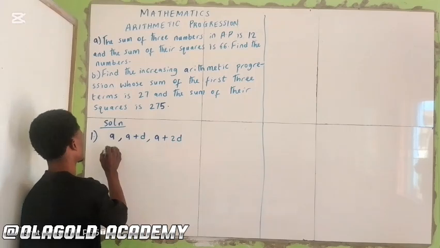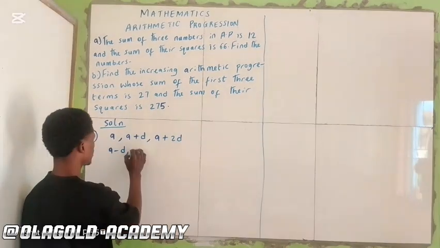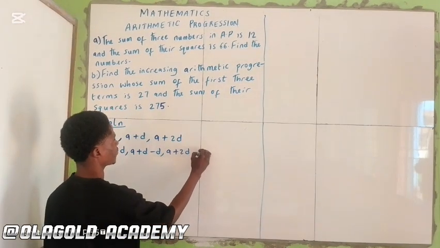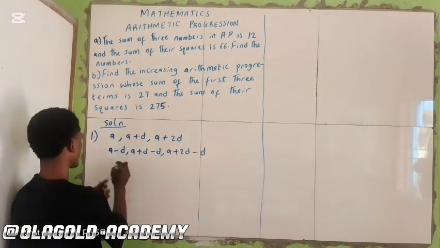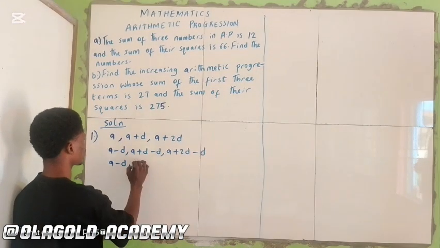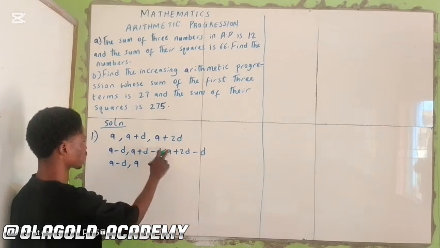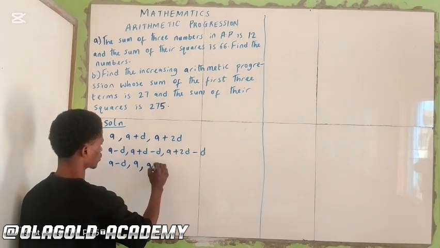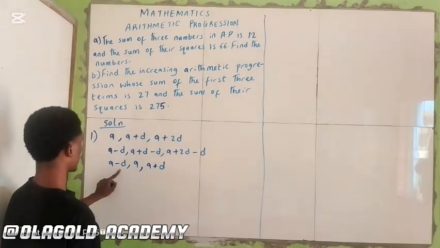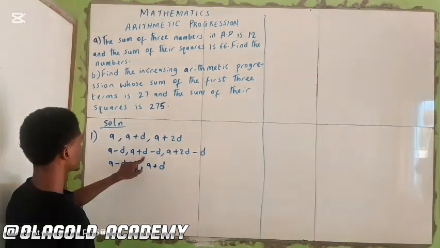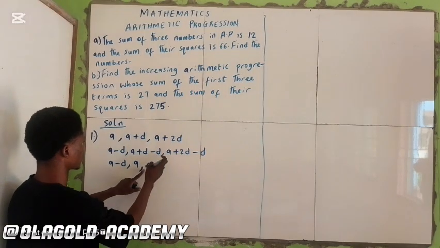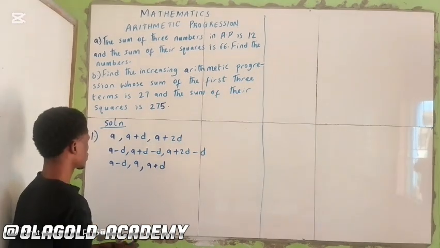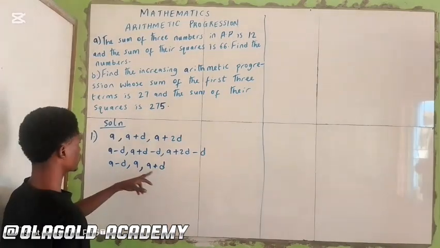So we have A minus D, A plus D minus D, and A plus 2D minus D. From here we have A minus D, and A plus D minus D, where the D's cancel out, giving A. Then A plus 2D minus D gives us A plus D. So the three numbers are A minus D, A, and A plus D.